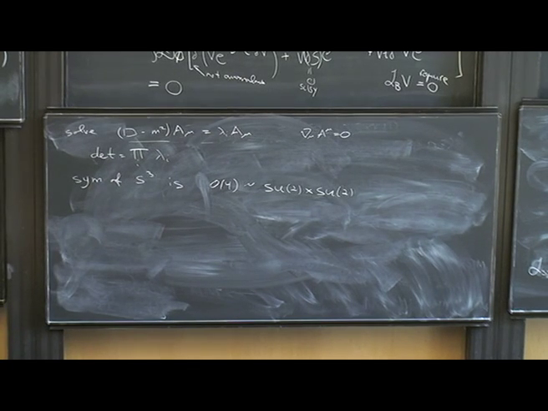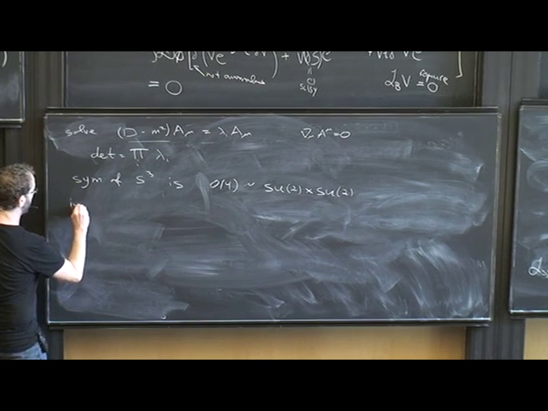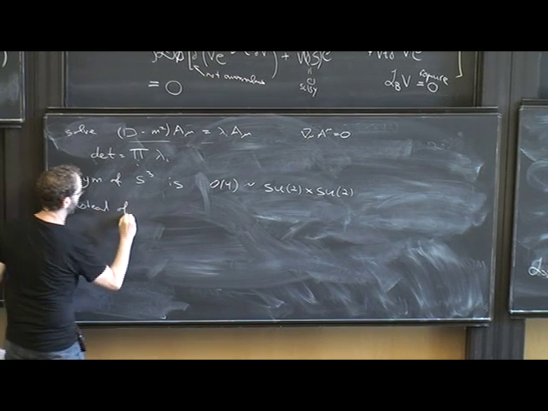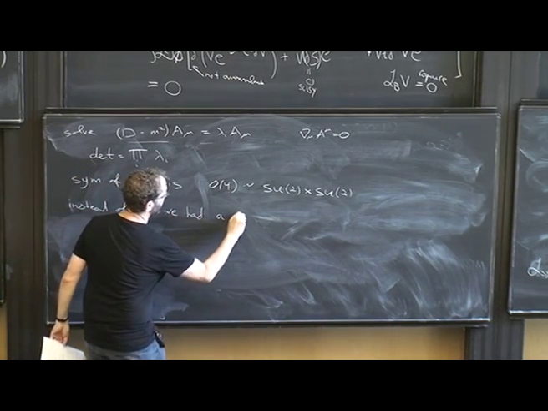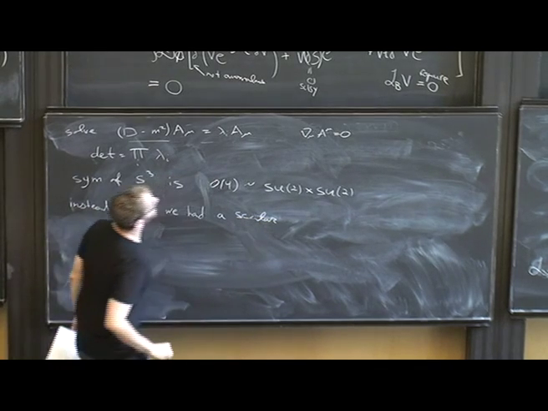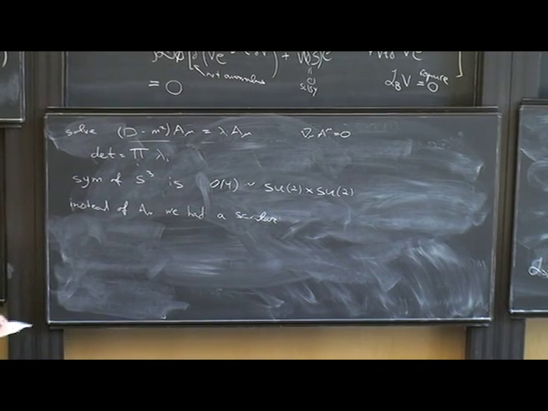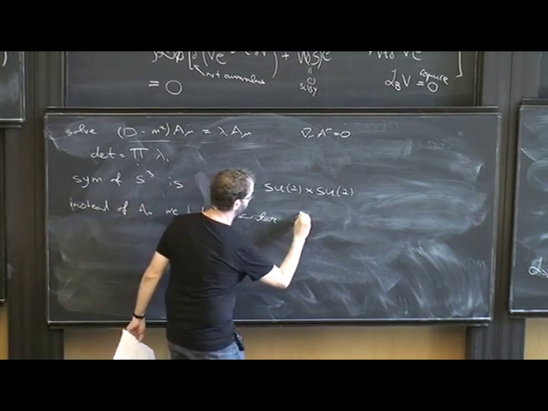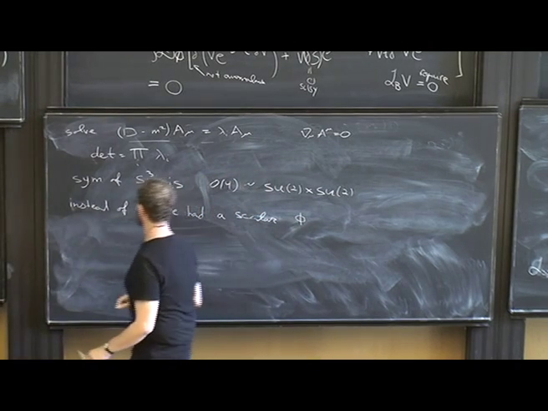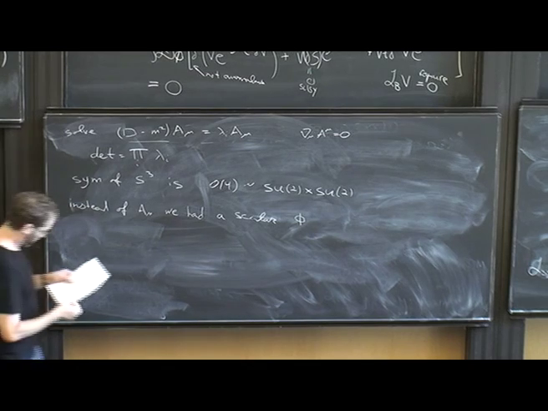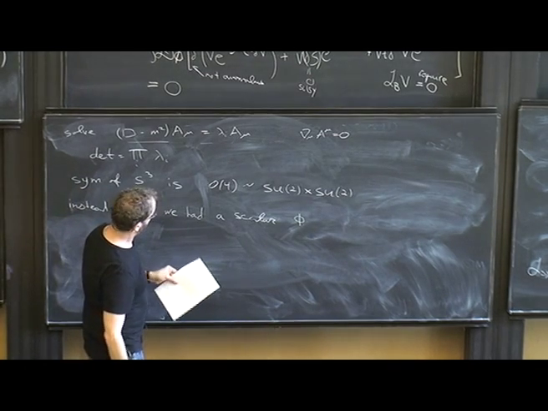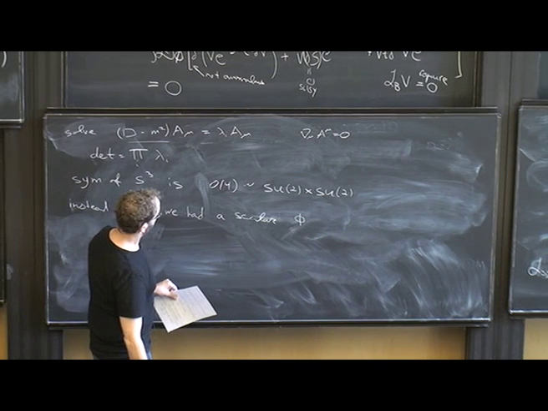So let me do the case of the scalar. If instead of A_mu we had a scalar, and we will actually have a scalar because we can couple this theory to chiral fields which have scalars, fine. Then we will get a similar equation but for scalars, and the harmonic analysis of scalars is slightly easier than the harmonic analysis of vectors.